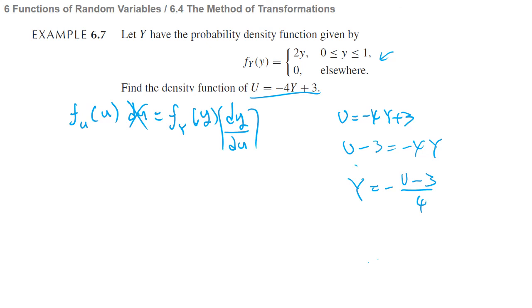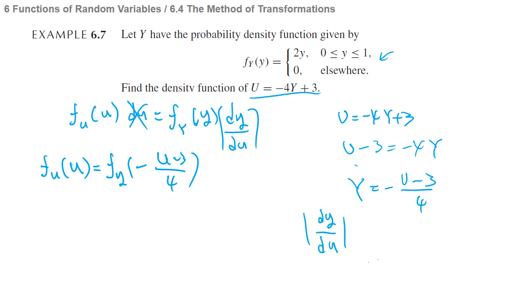And y equals minus (u minus 3) over 4. Okay, so f_U(u) is f_Y of y, and y is this one, so minus (u minus 3) over 4, times the absolute value of dy du, which is the absolute value of minus 1 over 4.